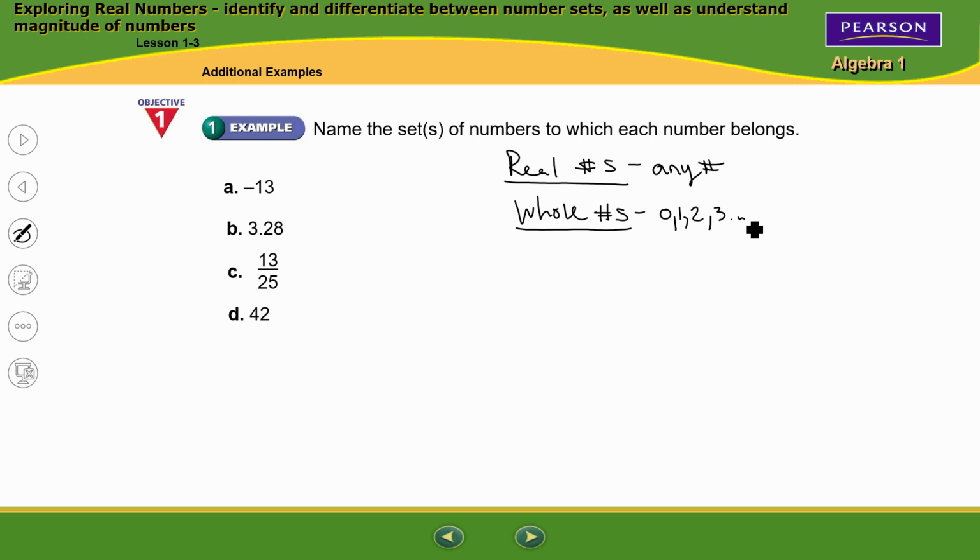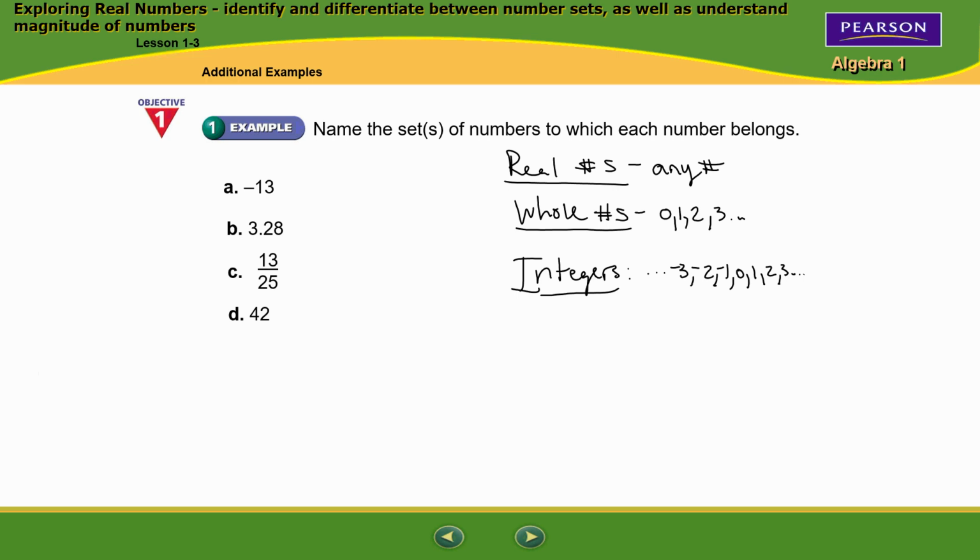You've got integers. Integers are whole numbers and their opposites. So you've got -3, -2, -1, 0, 1, 2, 3, and so forth. And you can also go in the other direction, -4, -5, -6, and so forth.